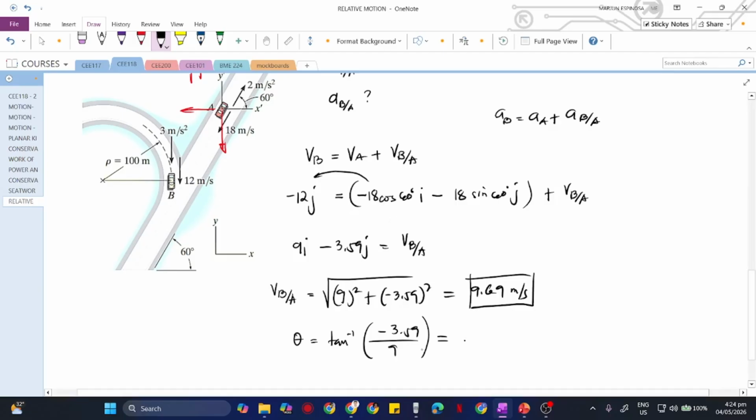So, this is negative 21.75 degrees. That means our direction is going this way. Or we can also draw it like this, since our object is going this way. So, that is correct. Or you can just stick with the negative.